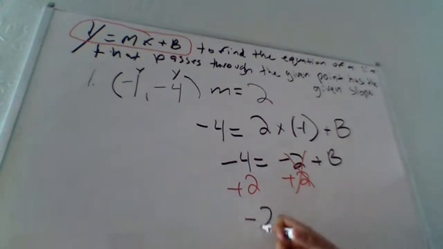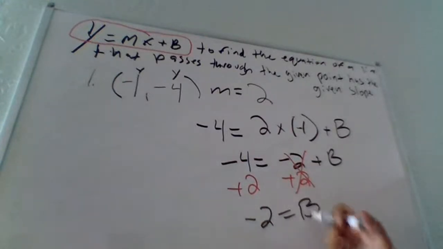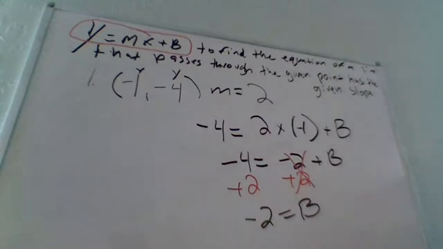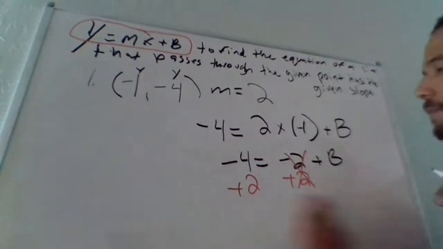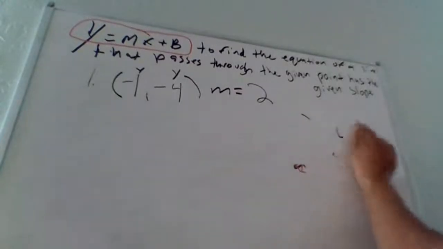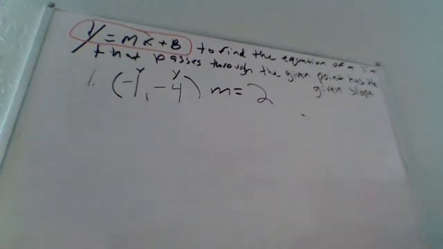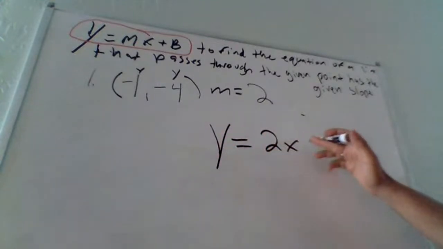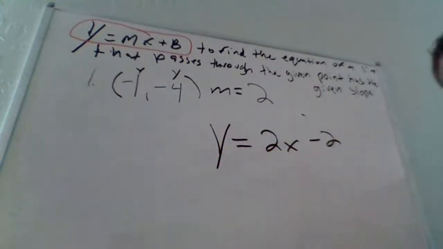Awesome. So now if we put it all back in, what's the slope intercept form going to be? It's y equals 2x minus 2. Outstanding.